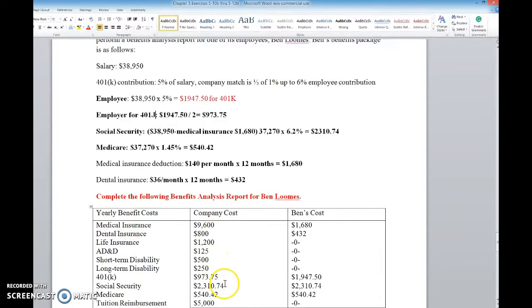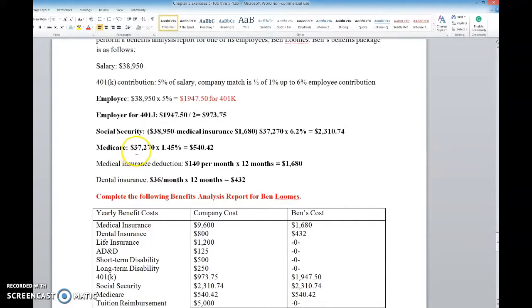Now, we have to take into consideration that Ben does participate in the medical insurance. So we're going to take his wage, $38,950, minus the medical insurance of $1,680. So his taxable wages for Social Security is $37,270. Multiply that by 6.2% to get a total of $2,310.74. That's the employer side, along with the employee side for Social Security.